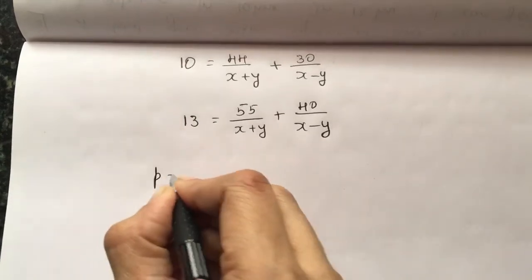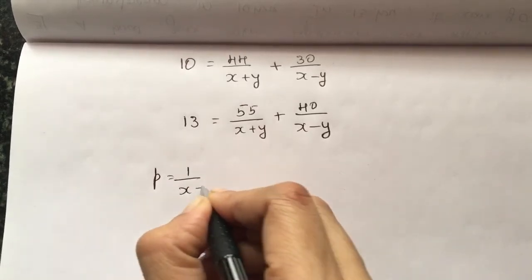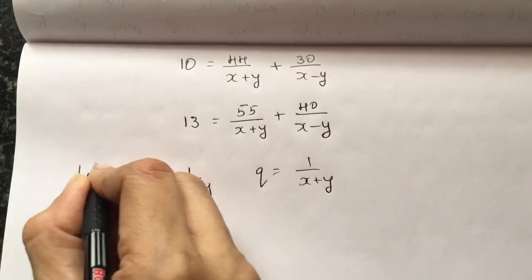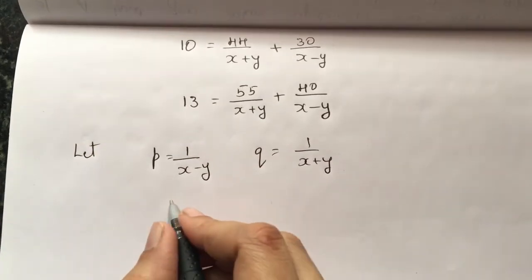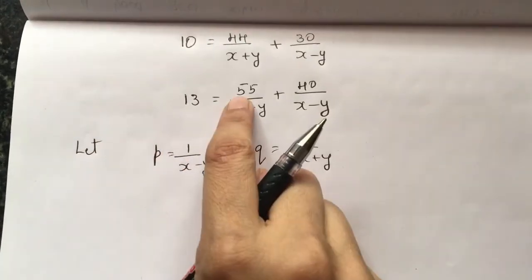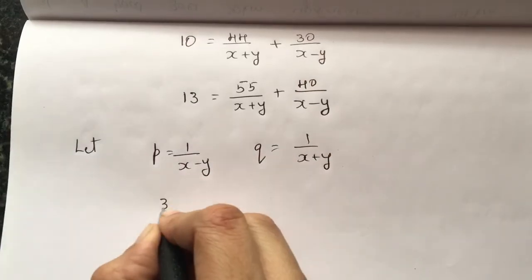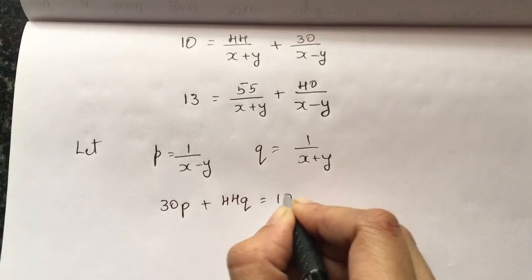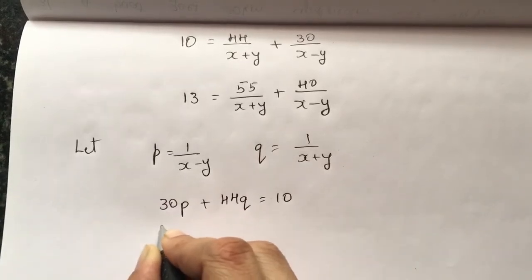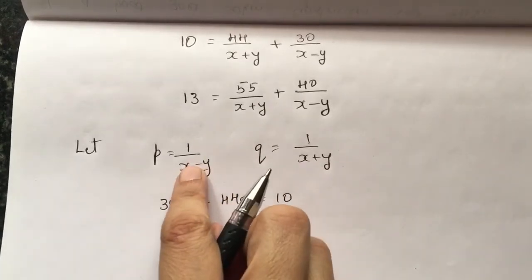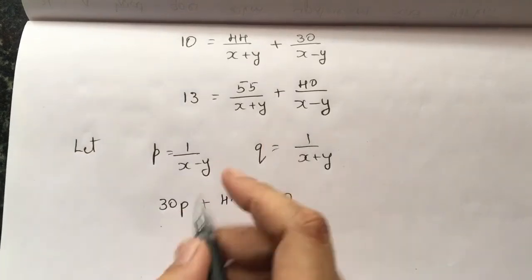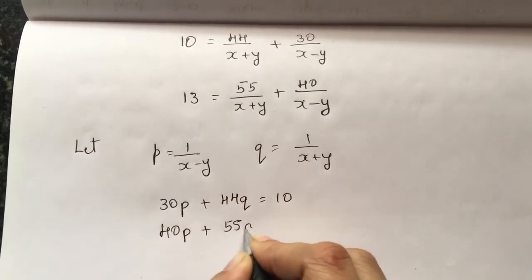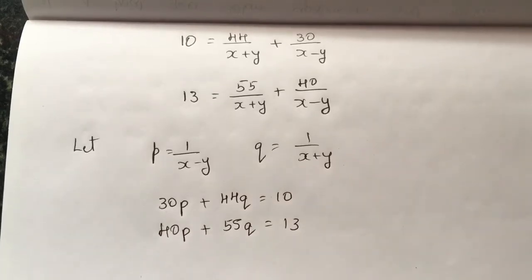Say let p equal to 1 by x minus y and q equal to 1 by x plus y. So it will be 30p plus 44q equal to 10, where x minus y I have used as p. And 40p plus 55q equal to 13.